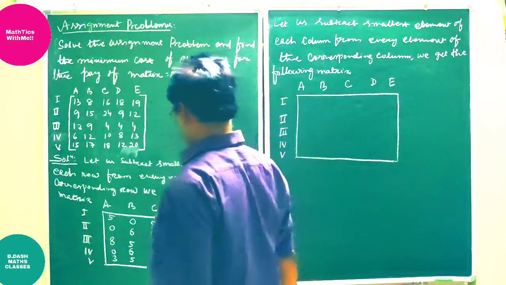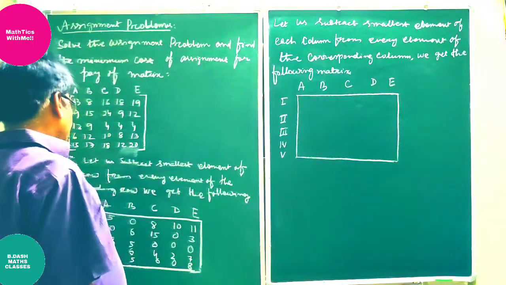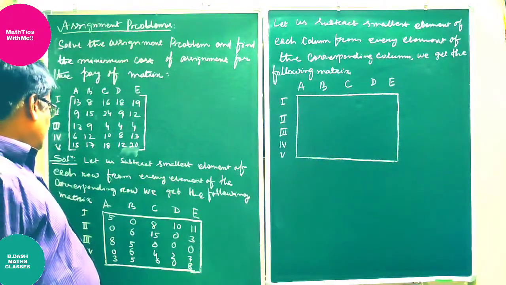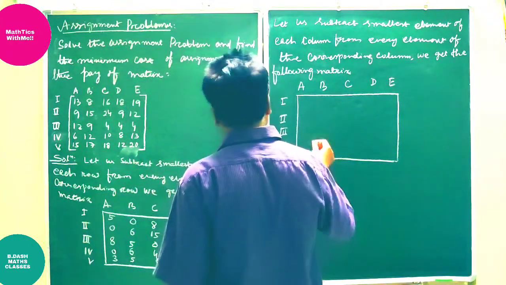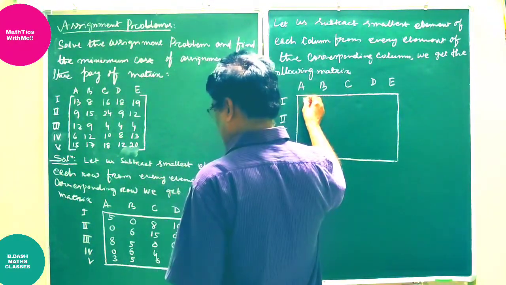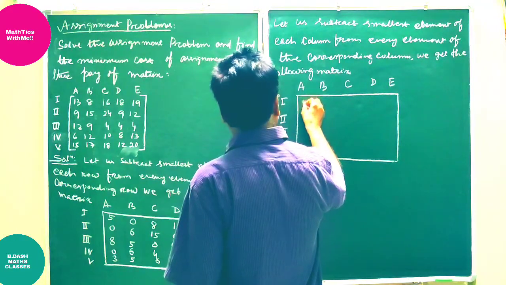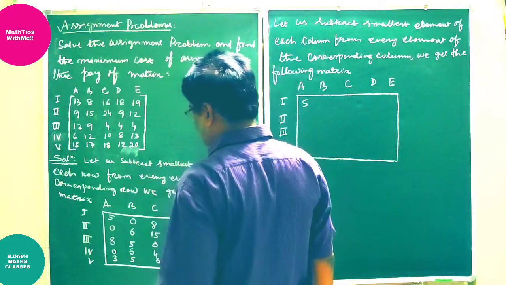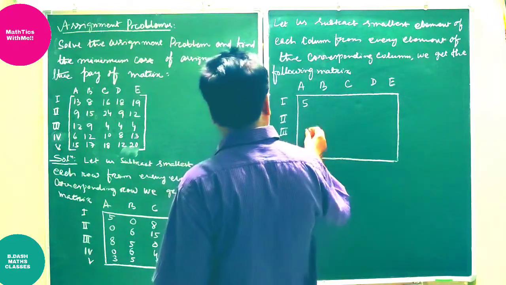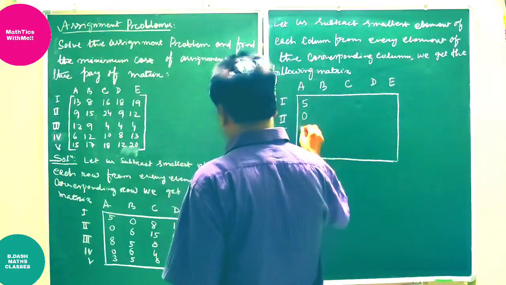In the first column, the minimum element is 0. So, there will be no change, because we have to subtract 0 from every element of the first column. It will remain as such.